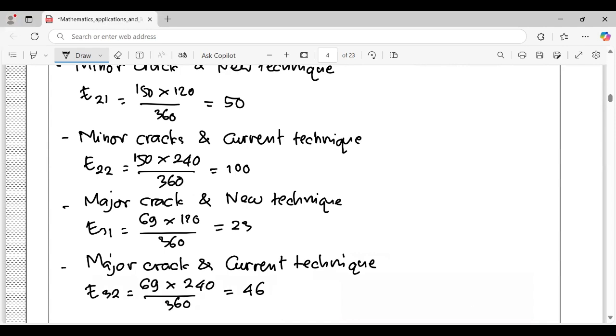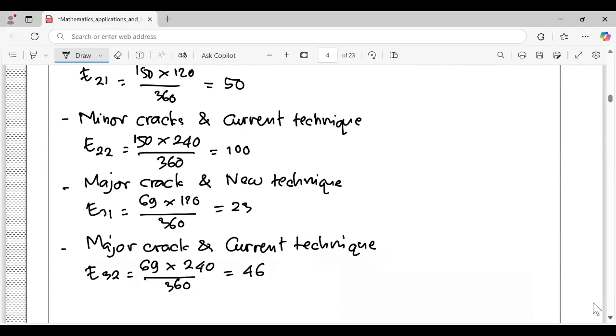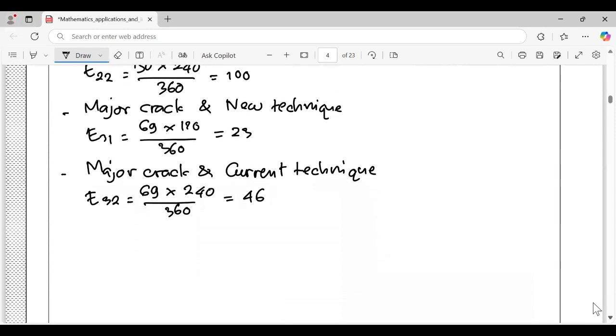And then we're going to calculate the chi-square test statistic.